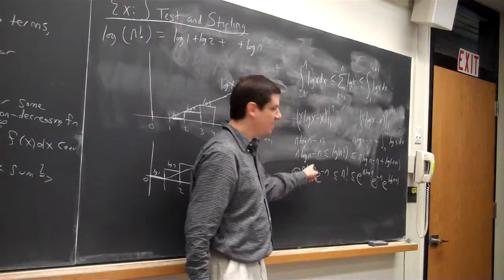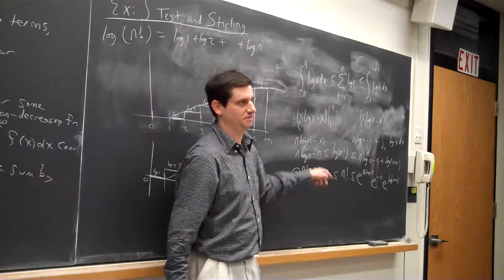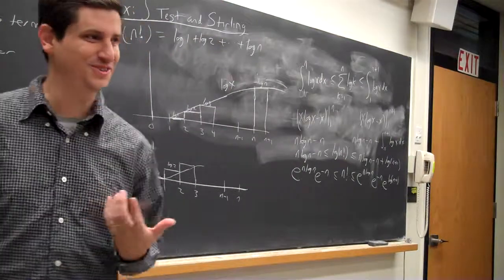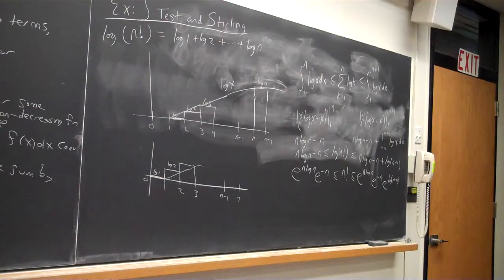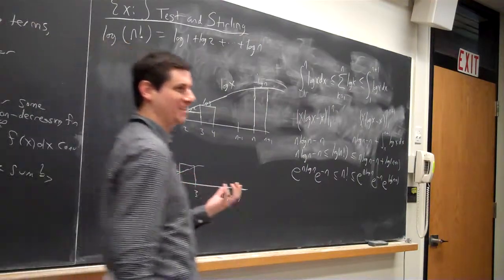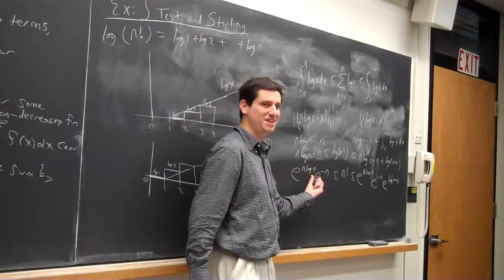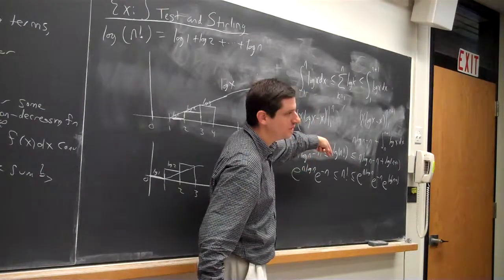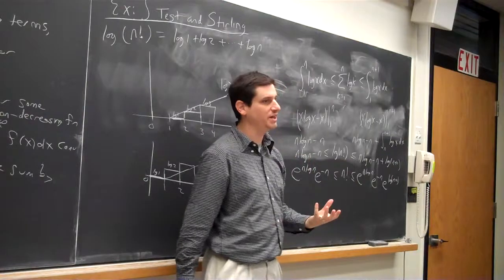Alright, what's e to the n log n? You can either get it by doing the algebra or knowing what Stirling's formula is. It's n to the n. We're supposed to be getting n to the n, e to the minus n, so this piece better be n to the n. The other way to look at it is, this is e to the log n, to the nth power. What's e to the log n?